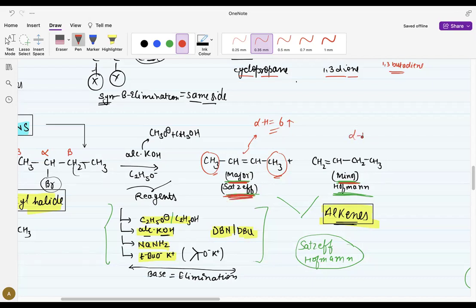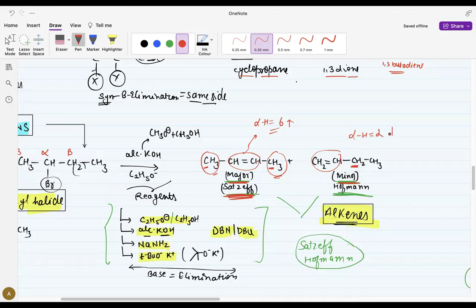अगर यहाँ पर if I count alpha hydrogen here will be how many? You have to count alpha hydrogen on adjacent carbon. इस alkene के साथ वाले कार्बन पे जितने हाइड्रोजन होते हैं वो अल्फा हाइड्रोजन होते हैं. तो यहाँ पर कितने अल्फा हाइड्रोजन है? यहाँ पर 2 अल्फा हाइड्रोजन.